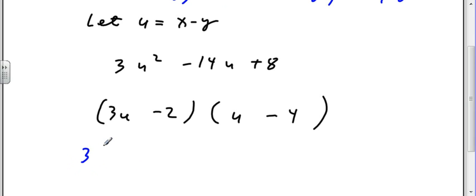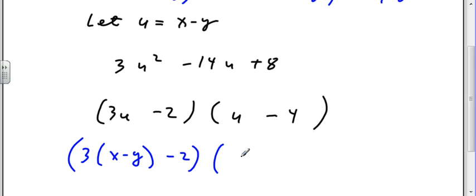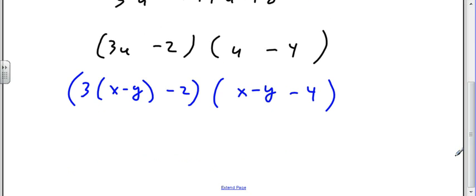I've got 3 x minus y minus 2 times x minus y, too many parentheses, x minus y minus 4. And then, okay, so that'd be factored completely. So I'd probably just leave it that way. I probably wouldn't multiply the guy back in. Should we multiply it out and see if we're right? No, okay, we won't do that.